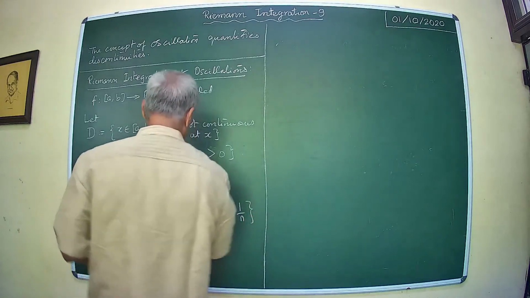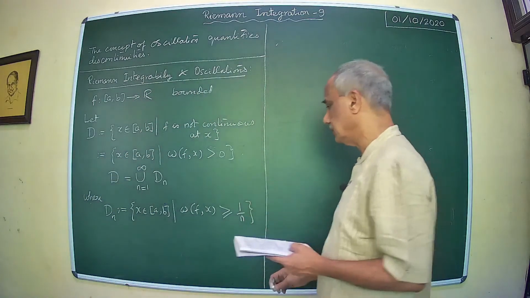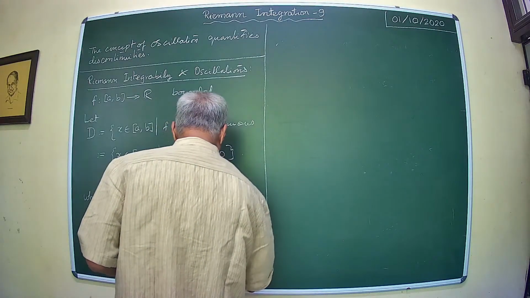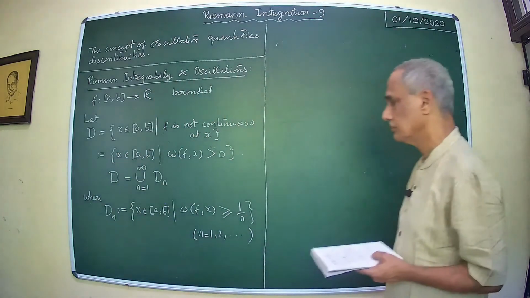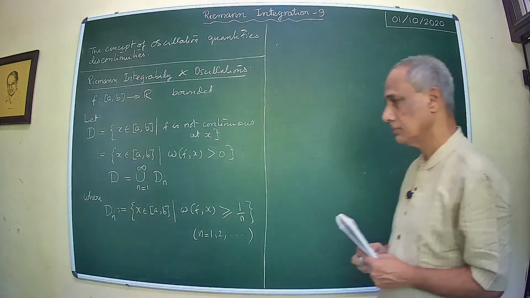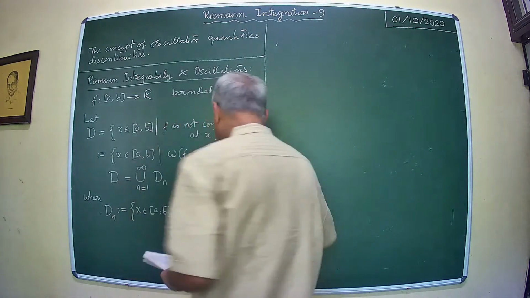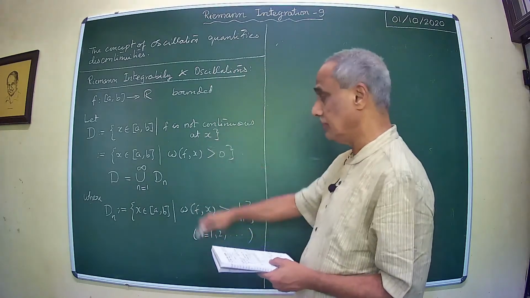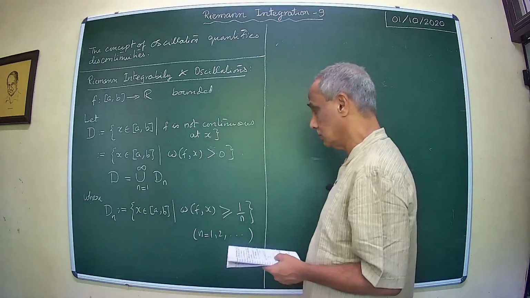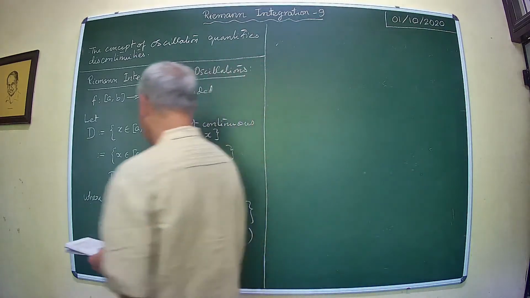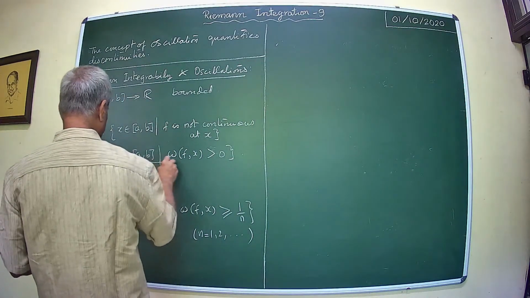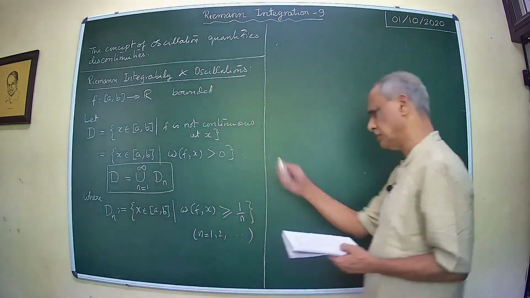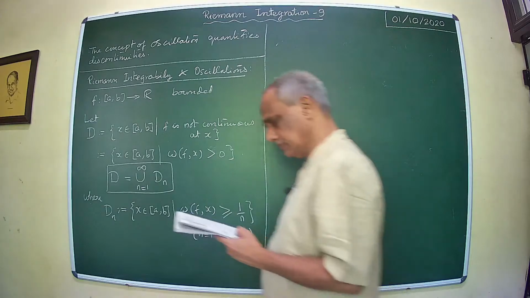For each n, you can define this. As n becomes larger, you see the oscillation becomes smaller. So all the discontinuities are now accounted for like this. This is something where you need to put your hand and give a proof for that. That should be fairly straightforward.